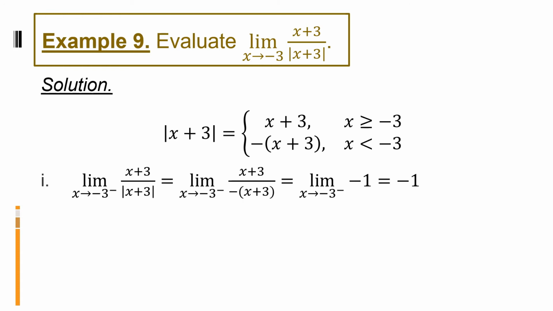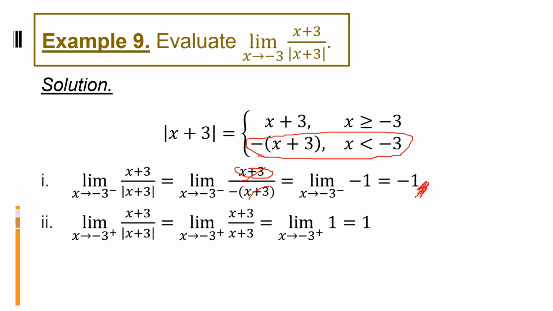So since nahati na naman yung negative 3 natin, then we have the limit as x approaches negative 3 from the left is equal to x plus 3. Hindi naman mag-change yung numerator niya, pero yung denominator, kasi absolute value yun, so kukunin natin itong part na to. So, pwede natin i-cancel out yan, which leaves us with the limit as x approaches negative 3 from the left of negative 1. Then, the limit of a constant is just the constant itself, so that is negative 1.